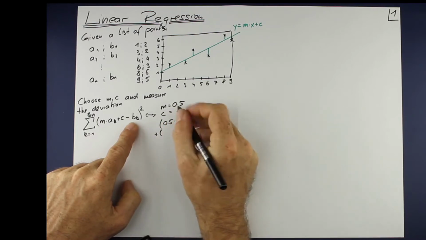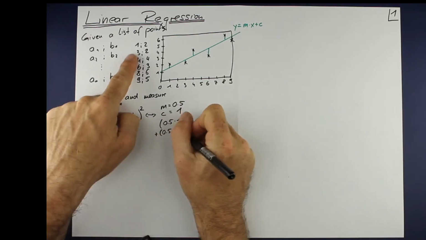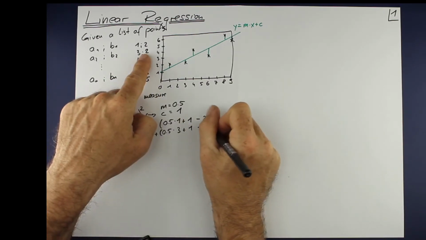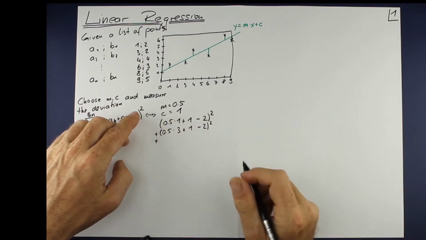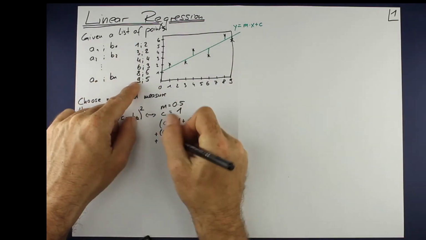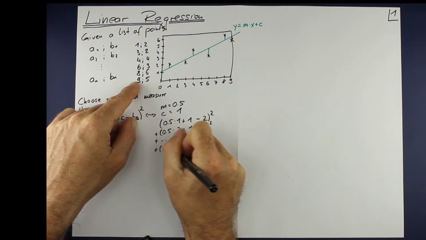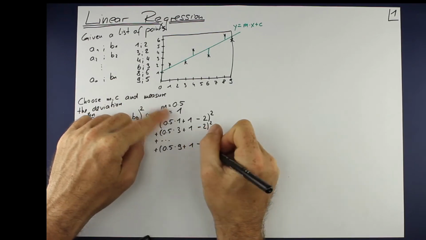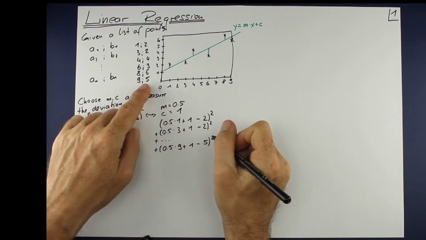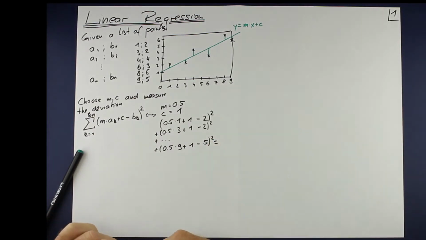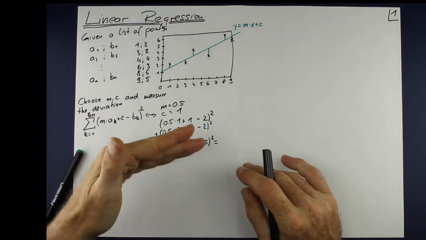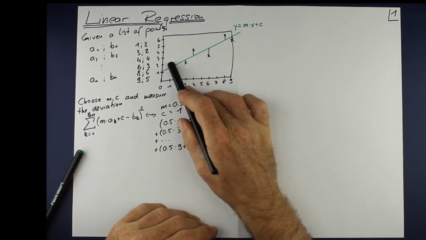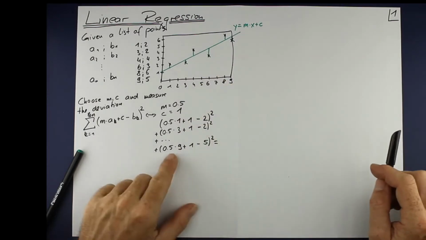Then plus again 0.5 times 3 plus 1 minus 2, and so we go through that list, and 0.5 times 9 plus 1 minus 5 squared. And if we do that calculation, we get a value which measures how well this straight line fits to these 6 points. So what is that value?